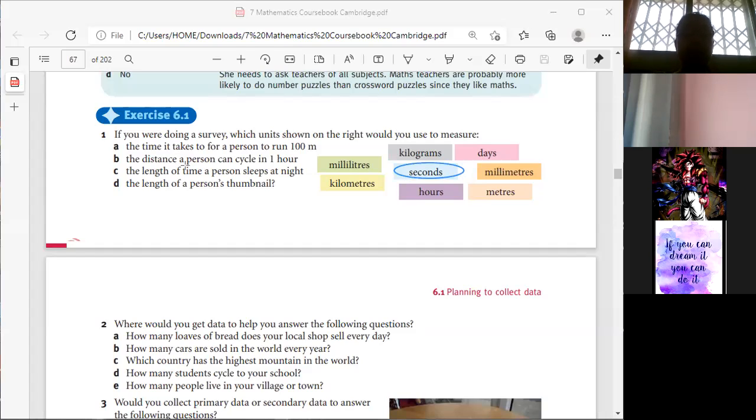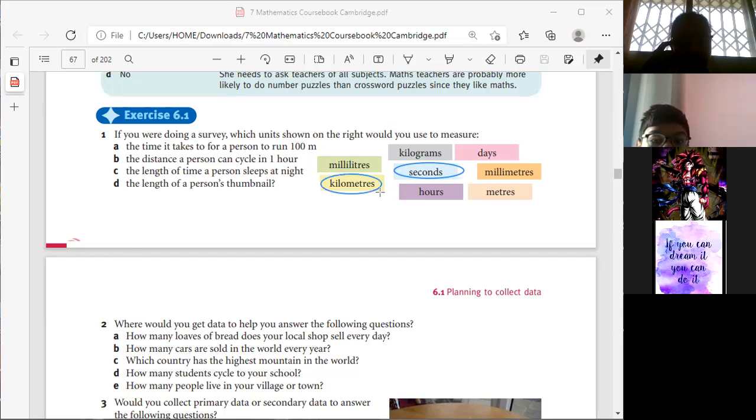The distance a person can cycle in 1 hour. It is going to be kilometers. In 1 hour, it can be kilometers.